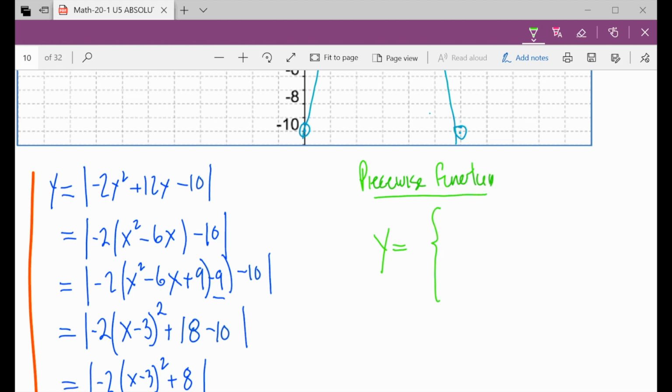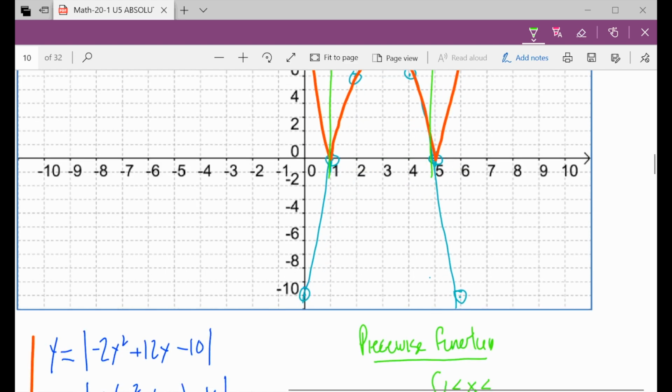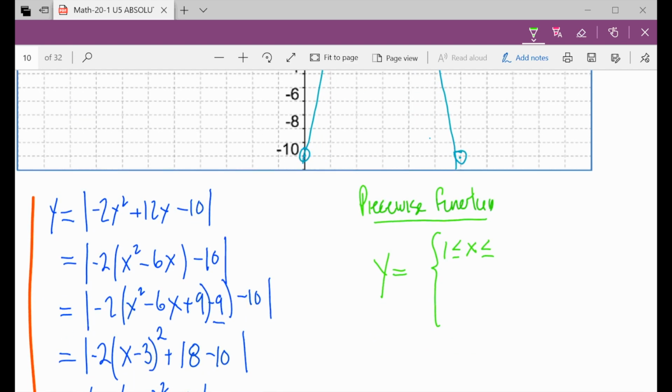Okay, when x is greater than or equal to 1 and less than or equal to 5, and that corresponds to this area here, then the equation of the absolute value of the function is the original function, minus 2x squared plus 12x minus 10.